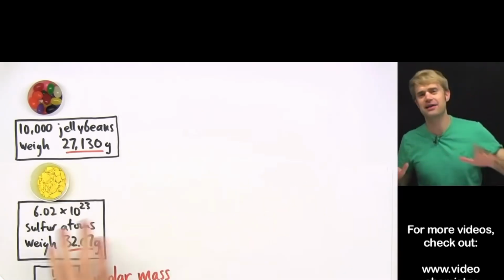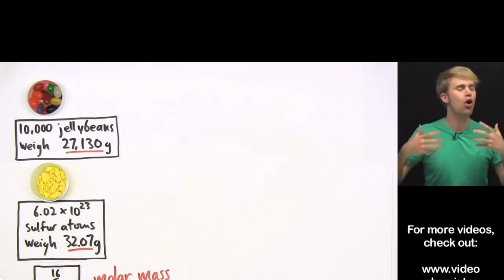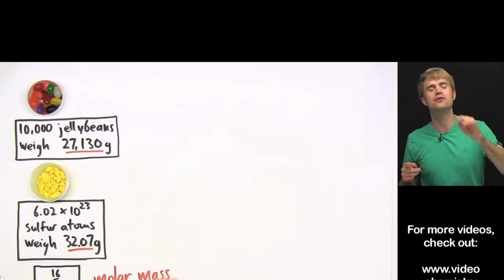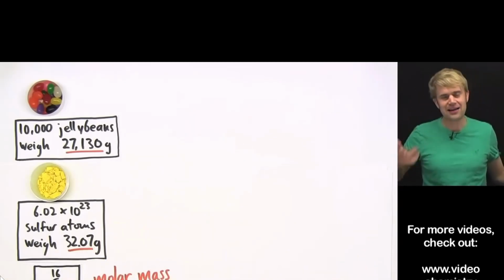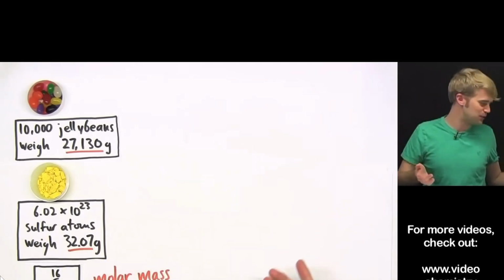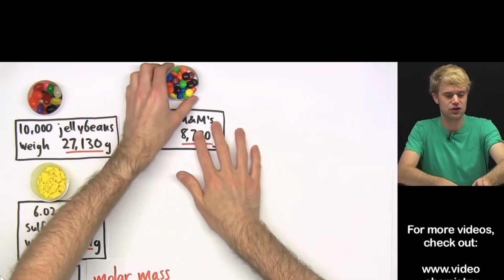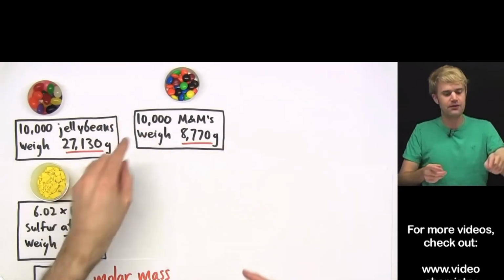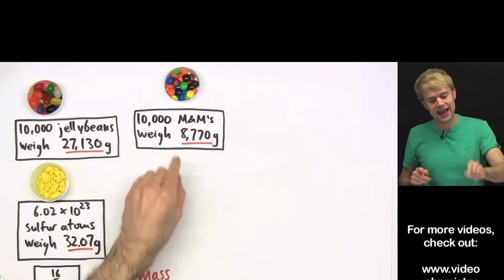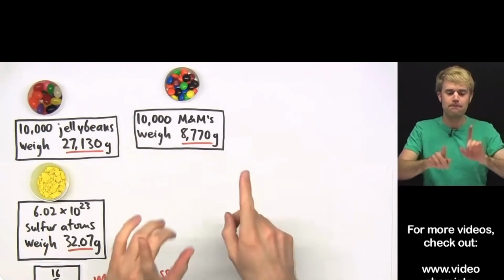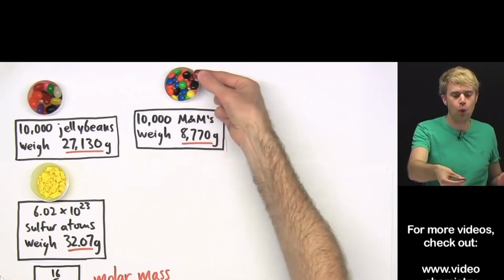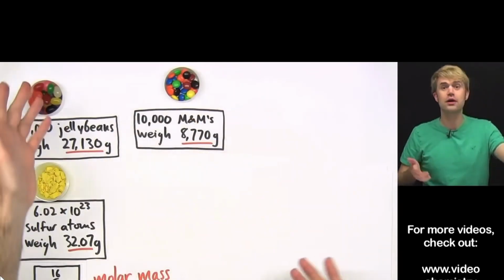Now, let's go back to the candy factory. Imagine that I get all kinds of orders for all sorts of different candies. I can figure out what 10,000 of many different types of candies weigh. So, for example, maybe I have to do M&Ms one day, and I can find out that 10,000 M&Ms weigh 8,770 grams. They weigh less because one M&M is much lighter than one jelly bean.